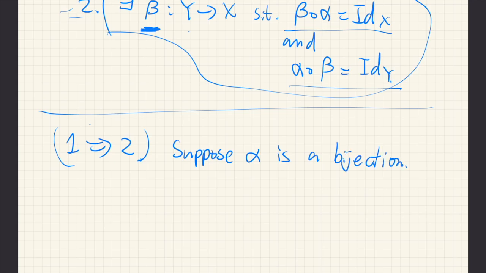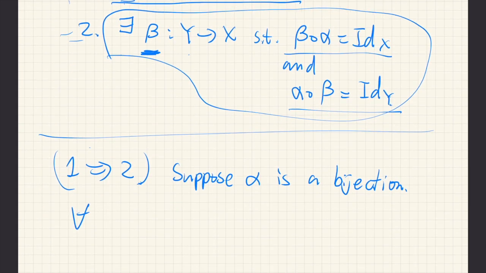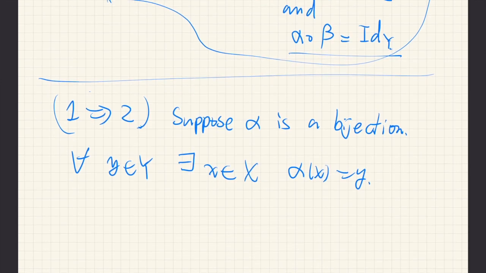And that means for every element in Y, let's say, there exists some X such that alpha of X is equal to Y. Okay, bijection means it's both injection and surjection. So this property comes from the surjection part of the bijection property.